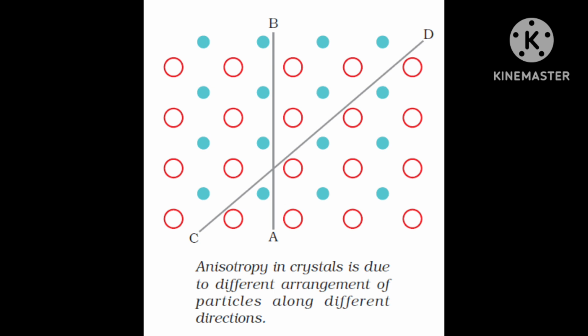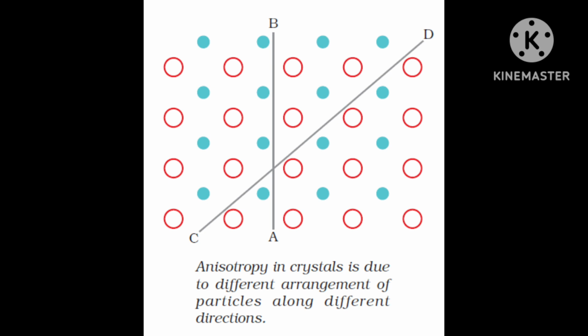Lattice means a fixed structure, some fixed crystal structure. In that, atoms are arranged, and an atom is a point charge, as you know.